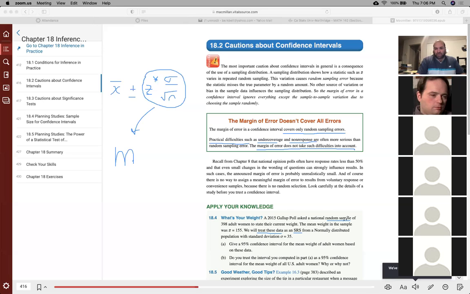Okay? So it's a simple random sample of 389 adult women to state their current weight. The mean weight in the sample was x bar equal 155. It's normal and sigma is 35. So all the conditions that we want are here, or at least the mathematical conditions. So part A, give a 95% confidence interval for the mean weight of adult women based on these data.